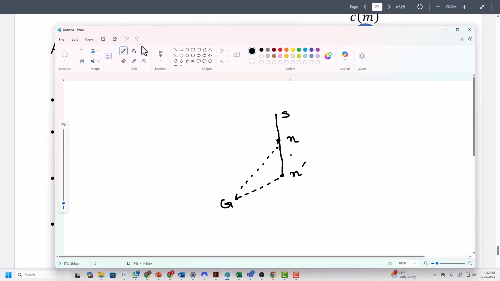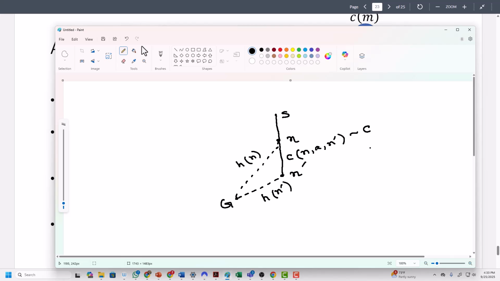So this is basically the cost of n to n prime, which is cost a, and this is h of n prime. So the estimated cost h of n, and this is h of n prime. That means the estimated cost from n to G, n prime to G. So what we are saying is that the estimated cost from n to G will always be less than this thing. Let's call it just c.